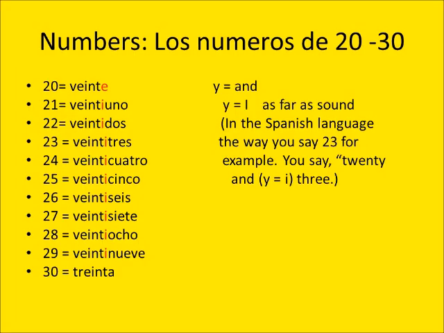We already saw in previous lessons the letter Y means and. As far as sound, the letter Y and the letter I are similar, so that's why they can interchange that when they do numbers. Sometimes you're going to see the Y in other numbers. For instance, when you go above 30, you're going to start seeing the letter Y instead.